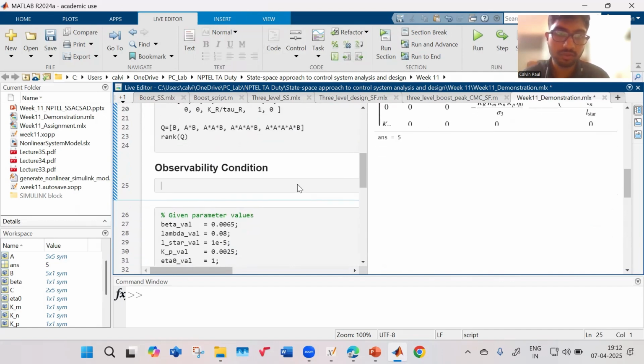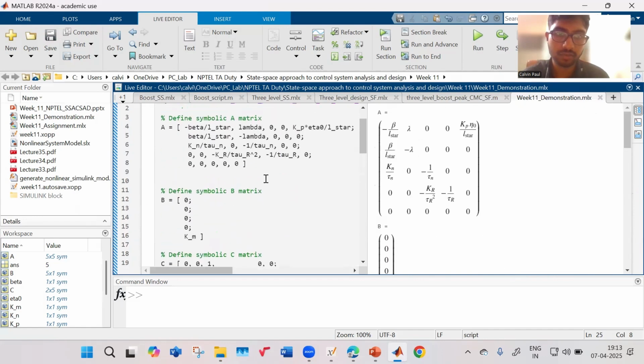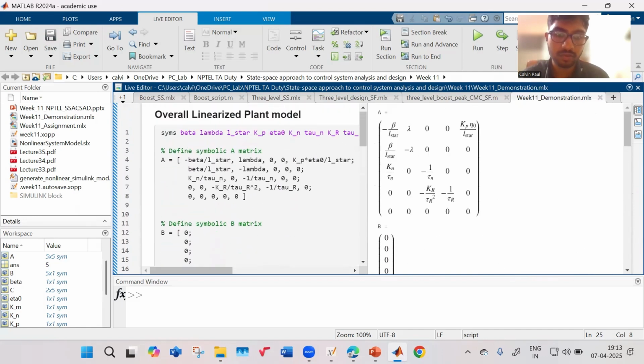So here is A hat. This A hat is equal to minus beta upon L star, lambda.